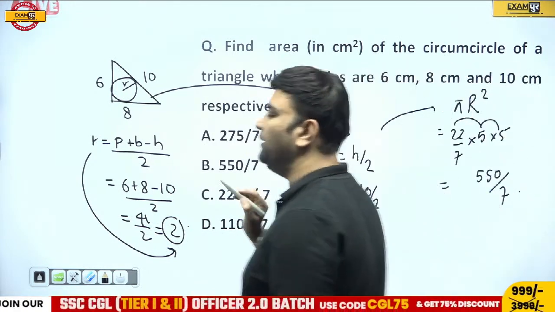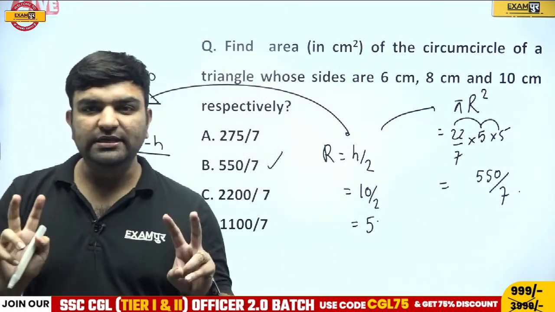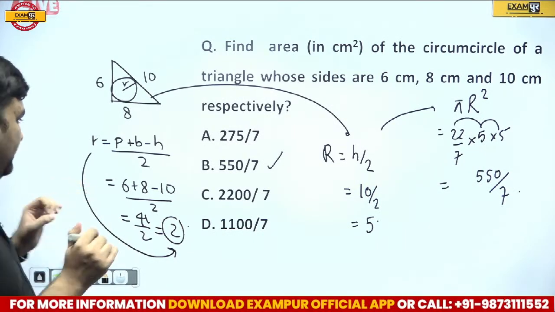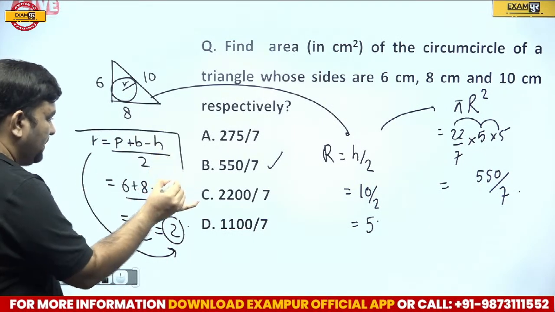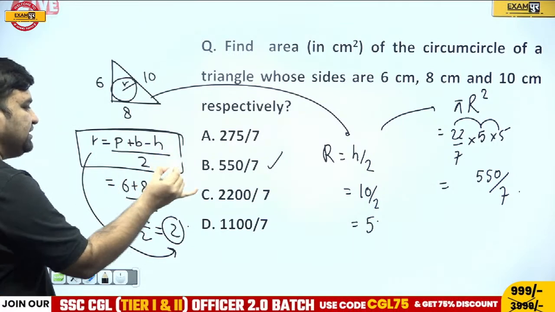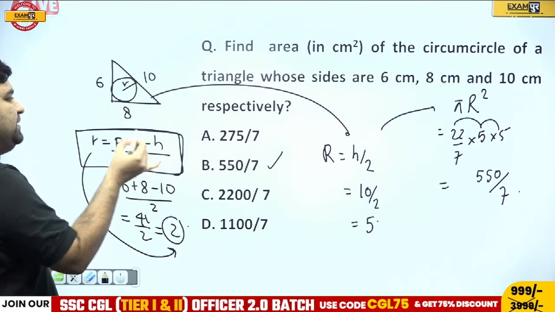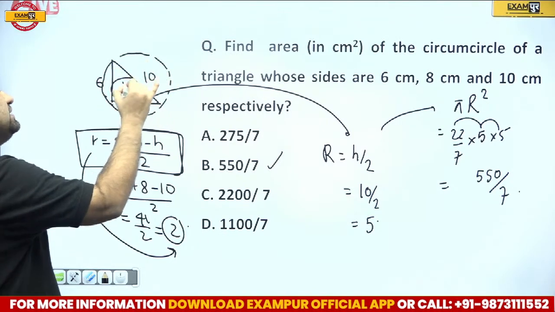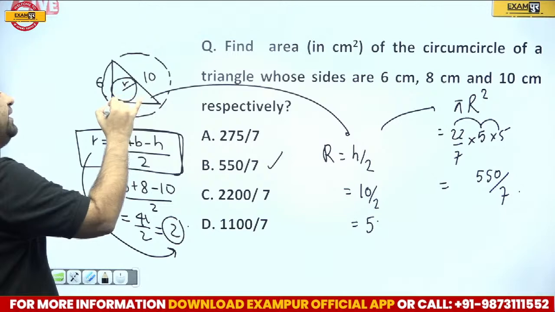Pretty easily doable. 2 things to remember. Inside any right angle triangle, in radius is P plus B minus H by 2. And circumradius is hypotenuse divided by 2.